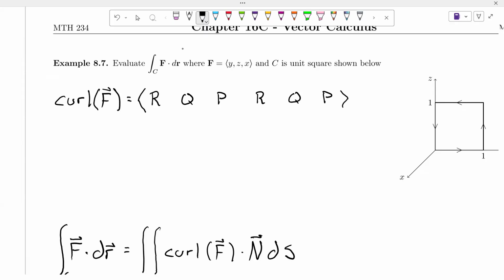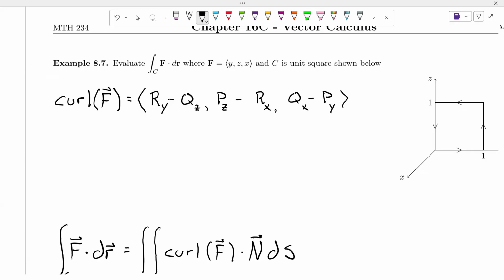But remember that you can't pair up any letters with their correct positioning, so I can't have any x partials in the x component. So this starts with a y derivative: R partial y, Q partial z, P partial z, R partial x, Q partial x, and P partial y. Subtraction, comma, subtraction, comma, subtraction. So that's the curl order.